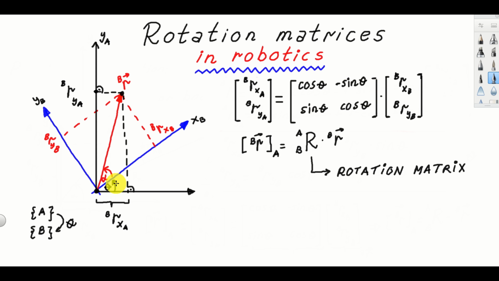This rotation matrix depends only on the angle theta, that is the angle of rotation between the coordinate systems A and B, and as the result we are going to obtain the projections of the vector RB in the coordinate system A. This equation can be compactly written like this: RB as a vector multiplied by the rotation matrix from B to A produces RB in the coordinate system A, where this matrix is the rotation matrix.